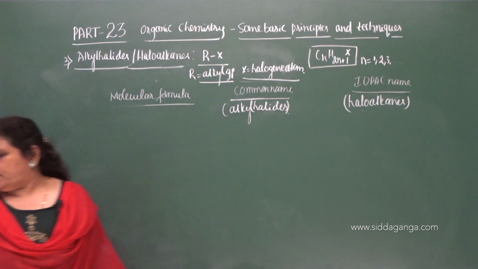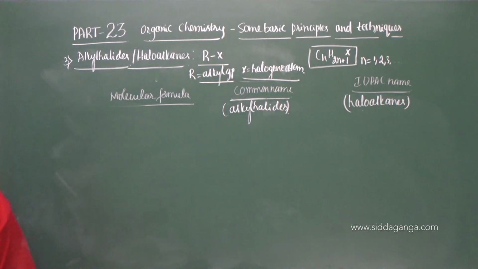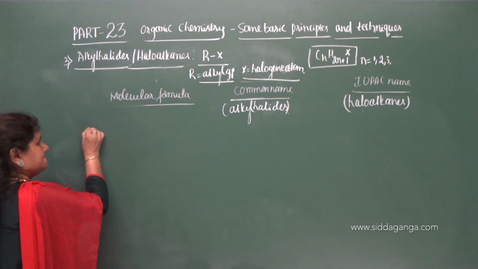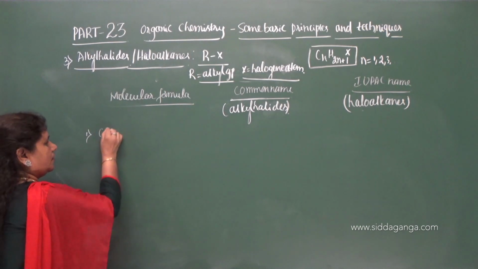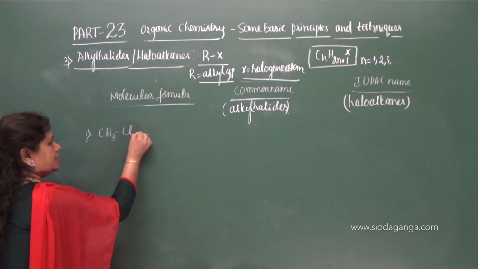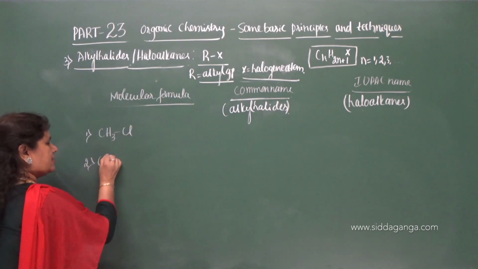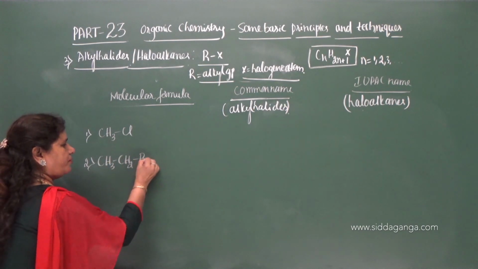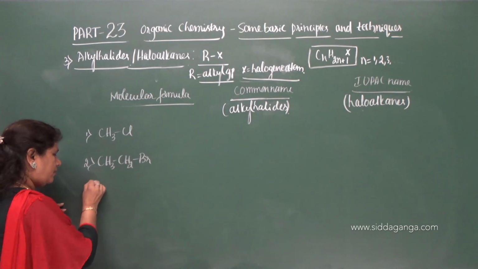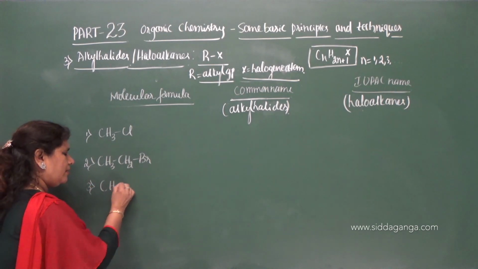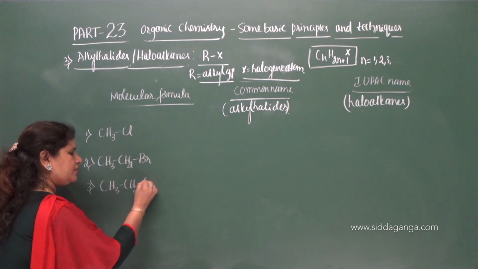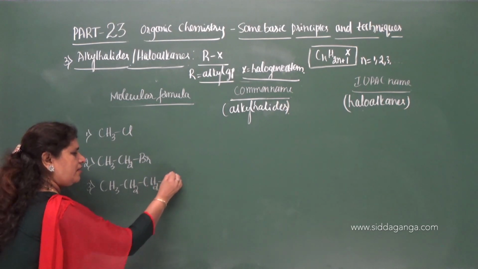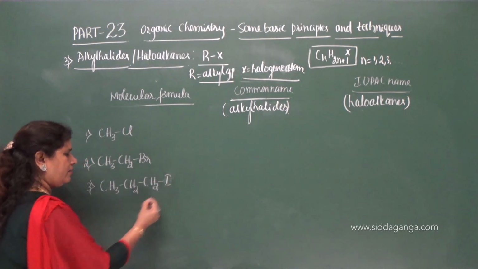Okay. Let me give the examples here. First one, CH3Cl. Second one, CH3CH2Br. Third one, CH3CH2CH2I.